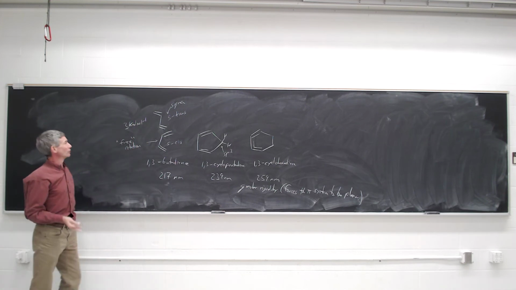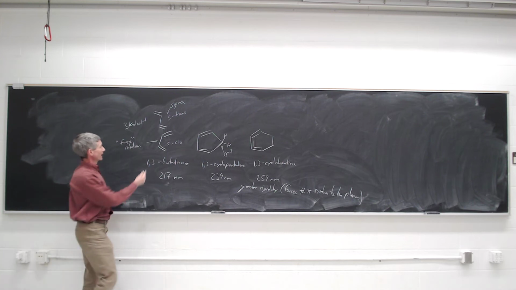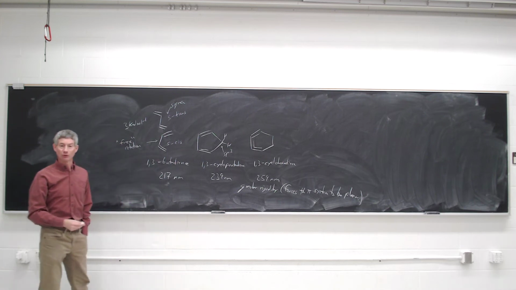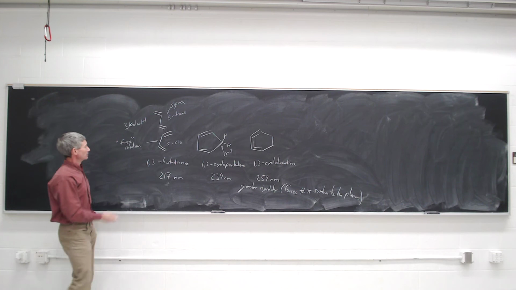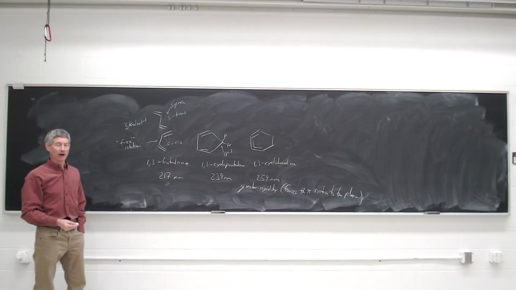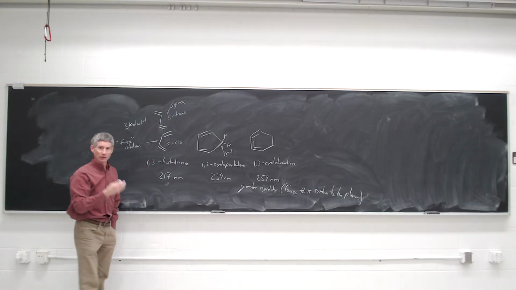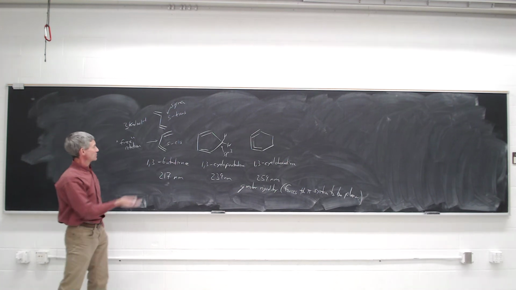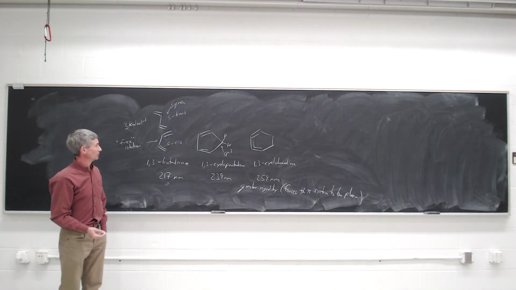And the barrier for rotation is significant because you have to actually break the extended pi system in order to rotate about that bond. But we have the ability to rotate around that bond. And when the 2 pi bonds are not coplanar, we don't have the benefit of the extended pi system.